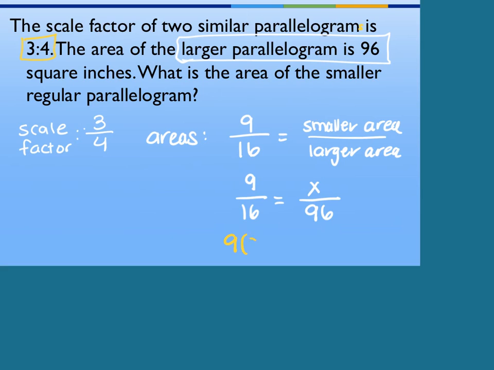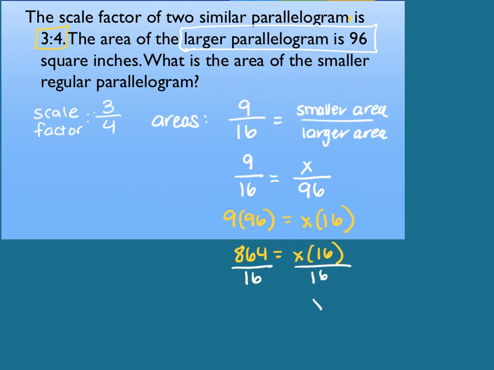So 9 times 96 equals X times 16. 9 times 96 is 864. And then divide both sides by 16. And I get 54.